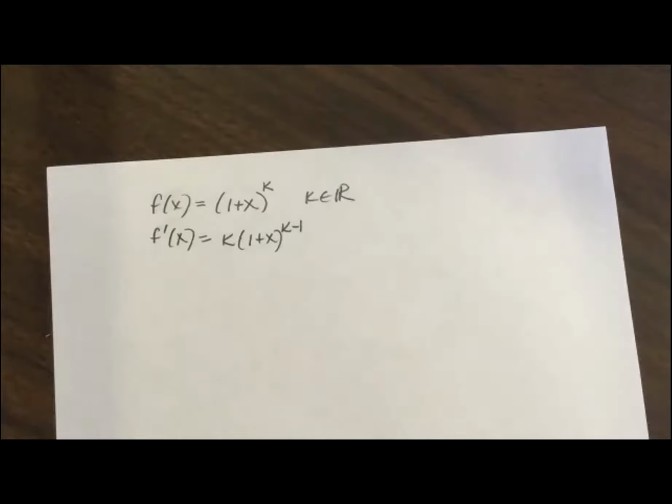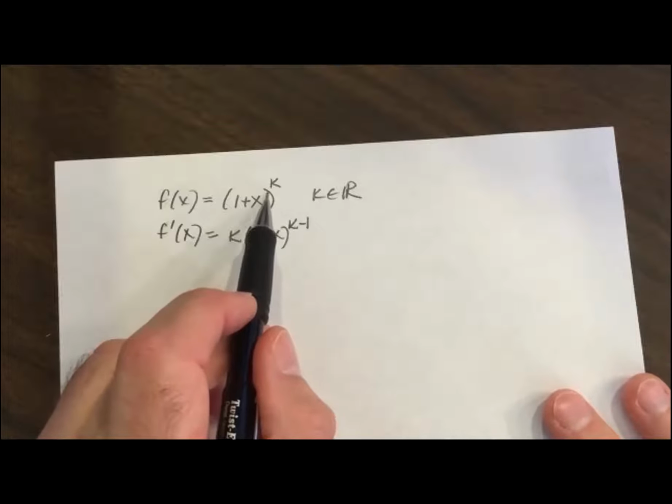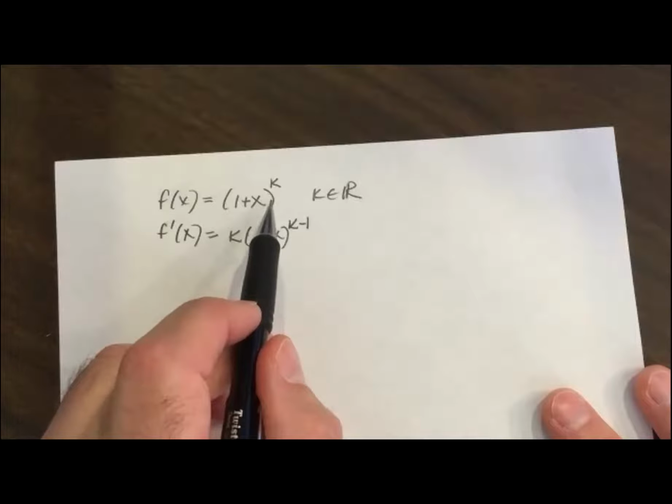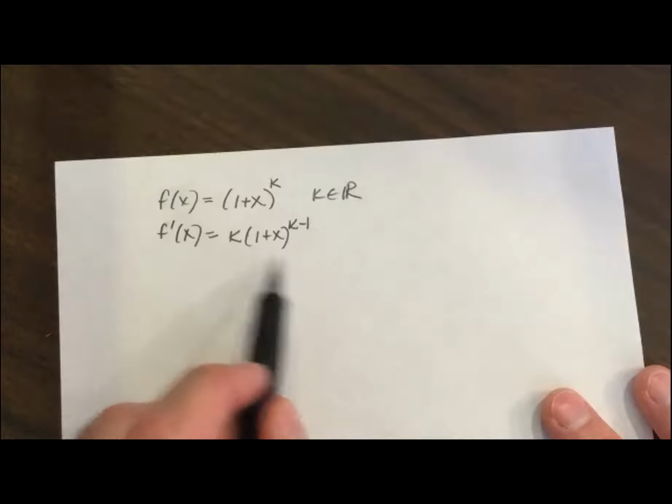So it begs the question, how do I know that derivatives work for all real numbers? In other words, if you're trying to prove something, you can't really prove something based on something you haven't really proved. So if we're trying to find the Maclaurin series, then how do I know this is the correct derivative?